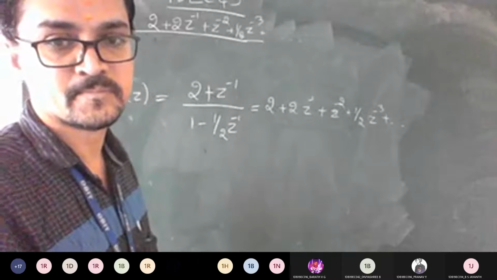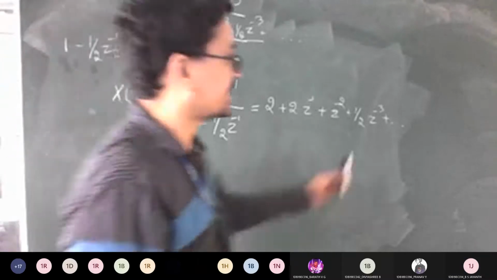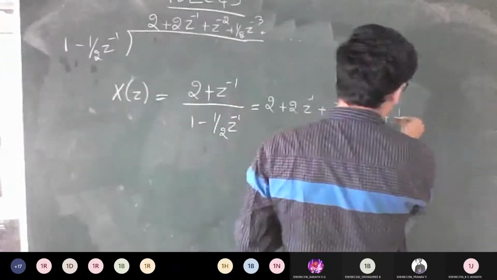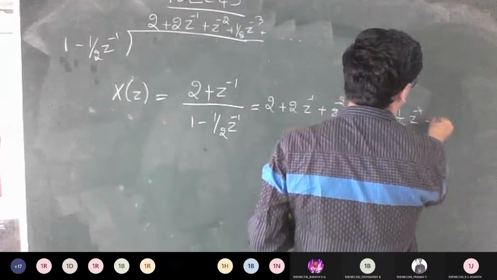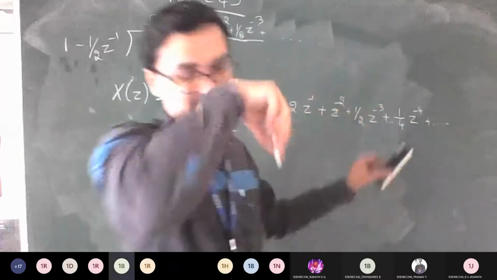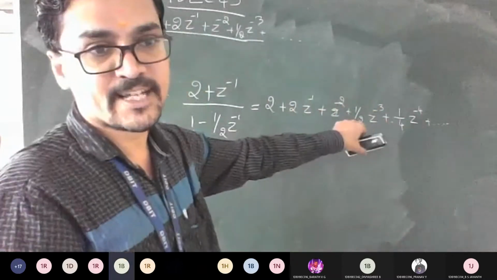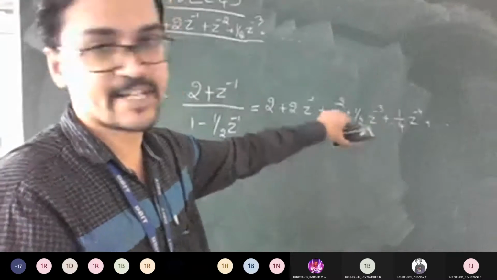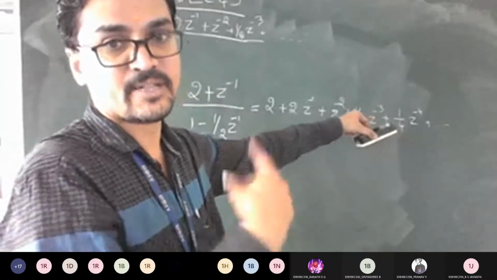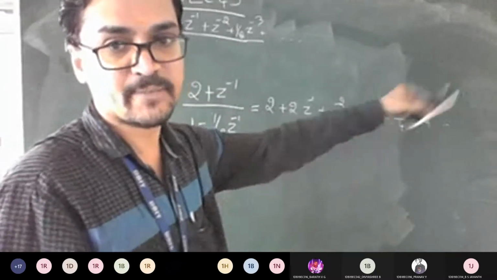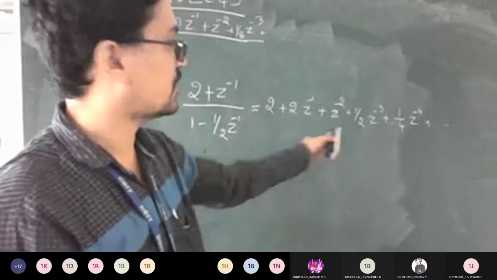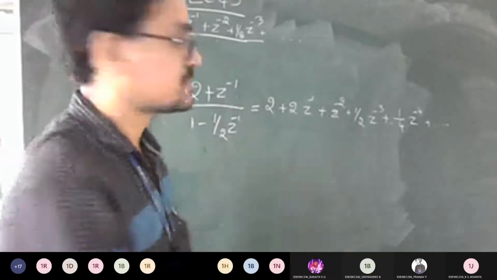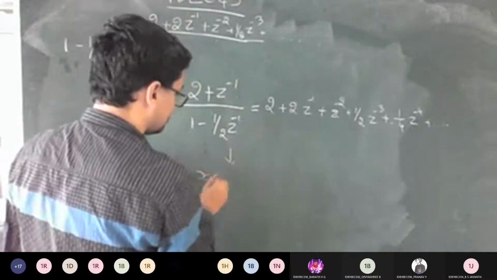Everyone? Yes, sir. So if you take the next number, is it 1 by 4 z power minus 4? The next number, yes, sir. So we would at least take till z power minus 4. If you take the next, it is 1 by 8, then 1 by 16, 1 by 32. It will keep recurring. So from this, can I write x of n directly?